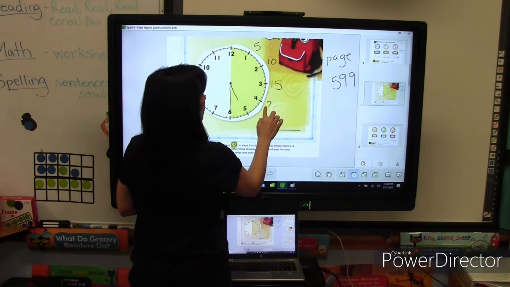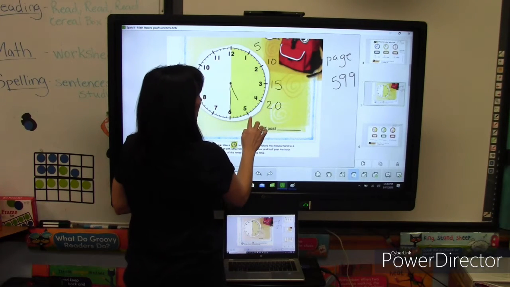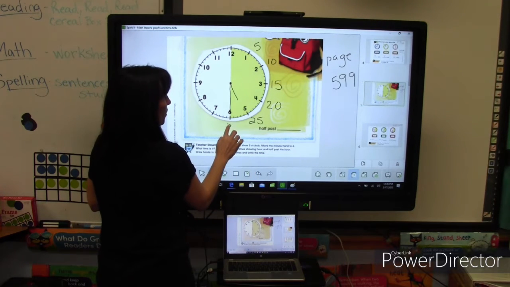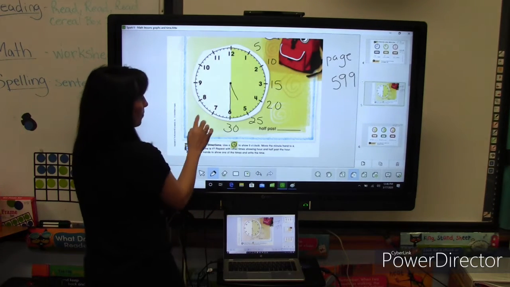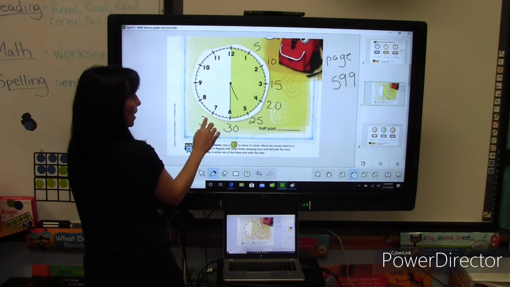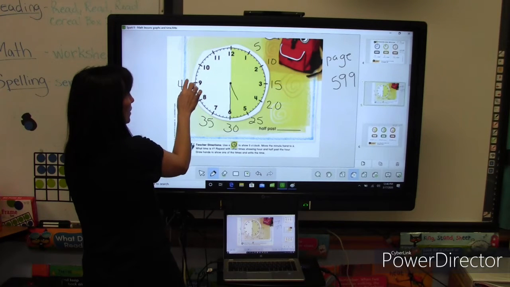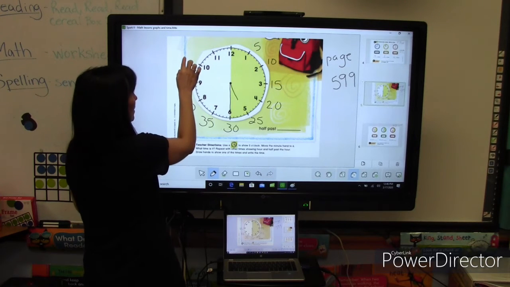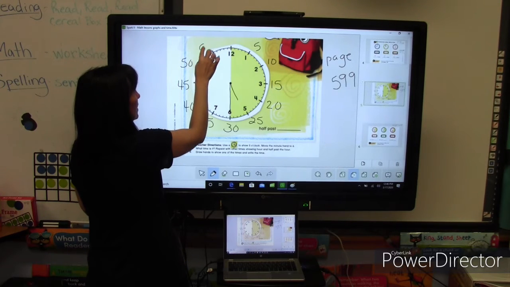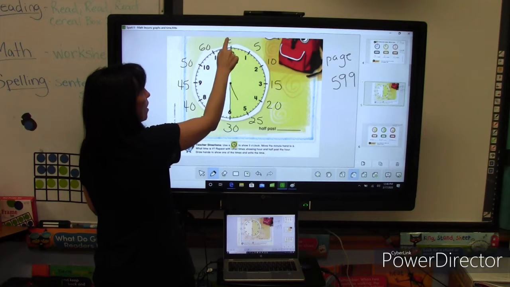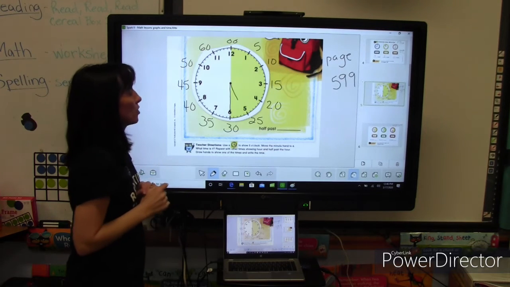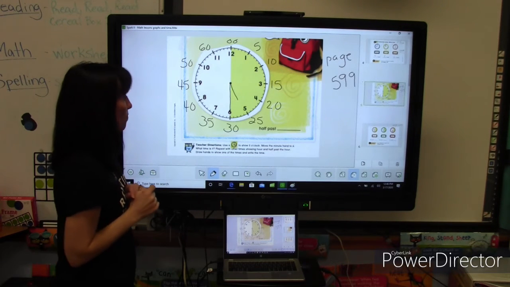The 4 would be 20 after, the 5 would be 25 after, the 6 would be 30 minutes after, 7 would be 35 minutes after, the 8 is 40 minutes after, the 9 is 45 minutes after, the 10 is 50, the 11 is 55, and then we know we start all over again with o'clock, so we're just going to list that as a 00.